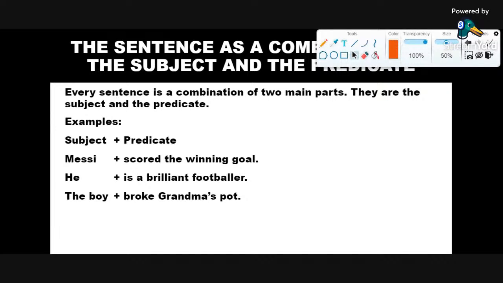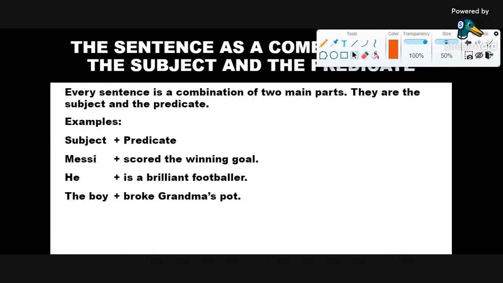So the predicate is about what, and then the subject is basically about who did what. That is exactly what we find in the subject and the predicate. Now take note of the fact that the subject is usually a noun phrase, or a pronoun. The predicate usually begins with a verb.